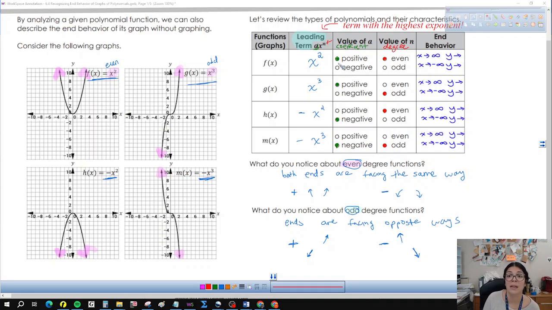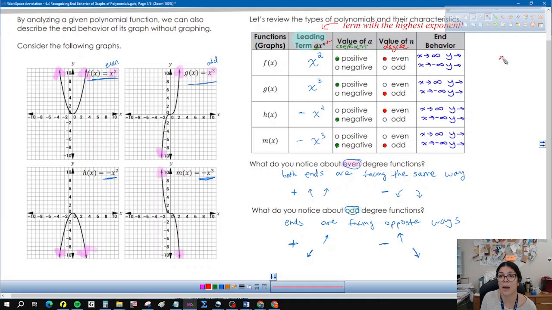It would make sense that if positive, then both ends are facing up, which means both ends going up to positive infinity. If it's even but the coefficient is negative, then both ends would be facing down, which means on both sides, left and right, we would be going to negative infinity.